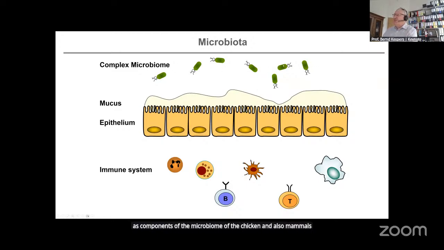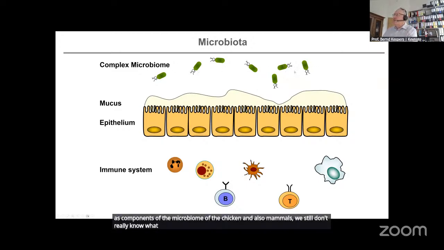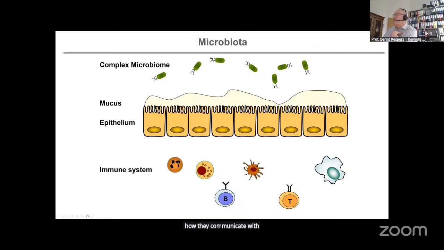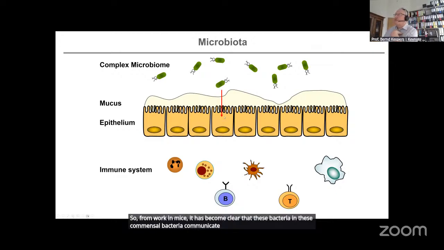We still don't really know what is their function, and as we heard before, some new technologies like metabolomics may help us in the future to better understand how they communicate with each other, how they communicate with the epithelial cells and the immune system. So from work in mice, it has become clear that these commensal bacteria communicate with epithelial cells.